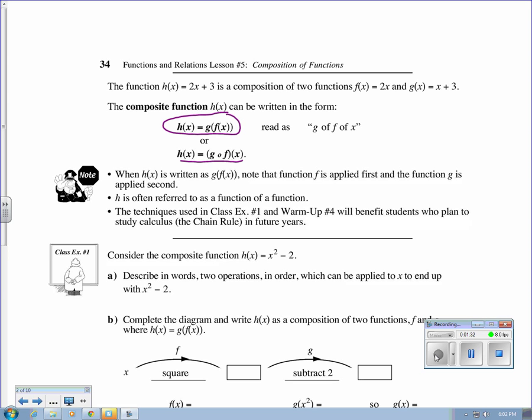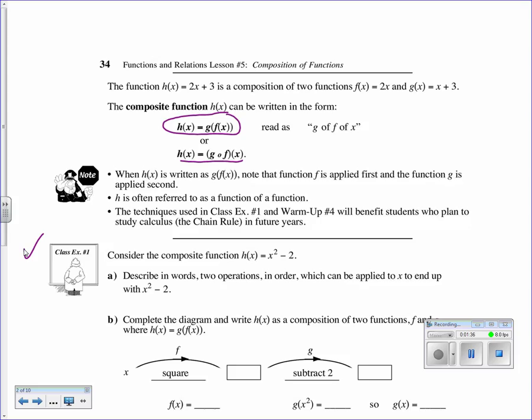So we're going to go to class example 1 right here, and we're looking at h at x. And what I want you to understand is how can I create that function h at x with two different recipes. So the two different recipes would be to say that one function, the f at x function, is x squared.